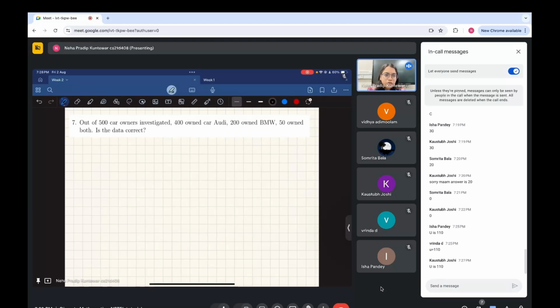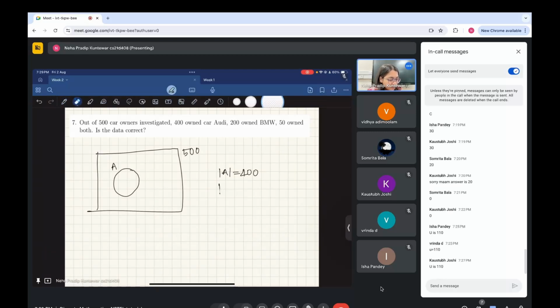So what you have here is the set of all car owners, which is 500, and then you have a set of people who own Audi, so there are 400 of them, so size of A is 400, and you have a set of people B who own BMW, and say there are 200 people who own BMW, and additionally you know that the number of people who own both Audi as well as BMW is 50.